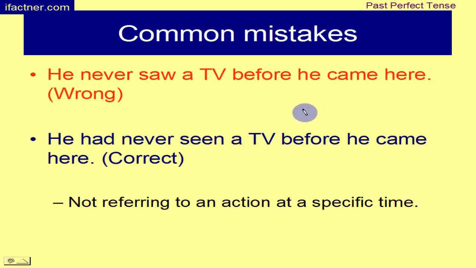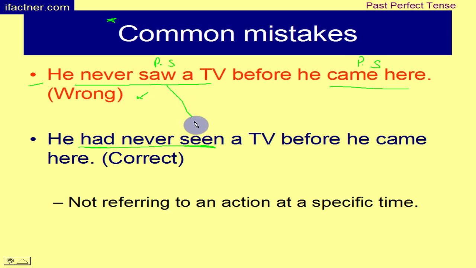Now let's discuss some common mistakes related to past perfect tense. This sentence is wrong: He never saw a TV before he came here. We cannot use past simple tense in both parts of this sentence. The correct form would be he had never seen.